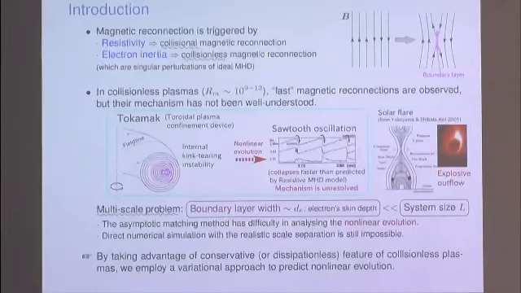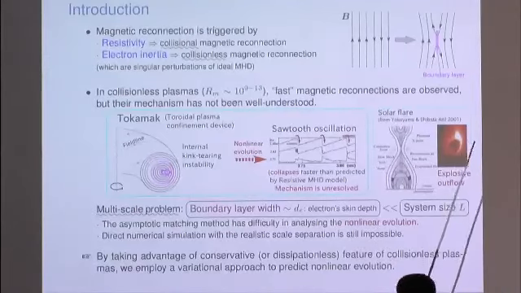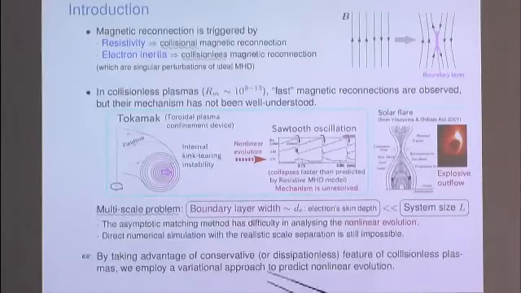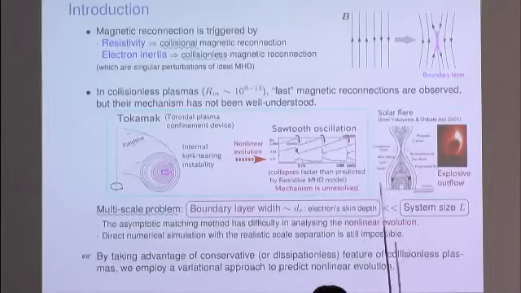So in this work, by taking advantage of the conservative, or dissipationless, feature of collisionless plasmas, we employ the variational approach to predict nonlinear evolution. I think this is a new approach, and nobody else has tried to apply this variational approach to the problem of magnetic reconnection.